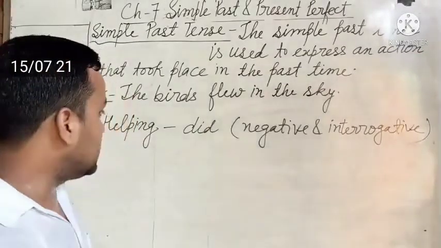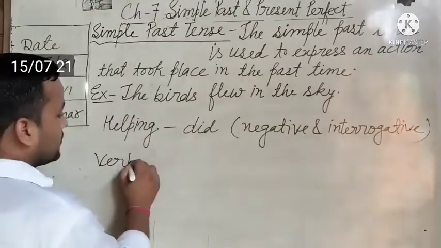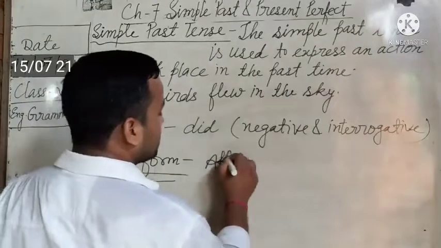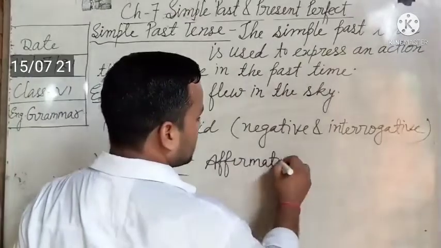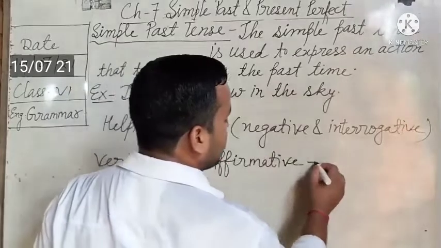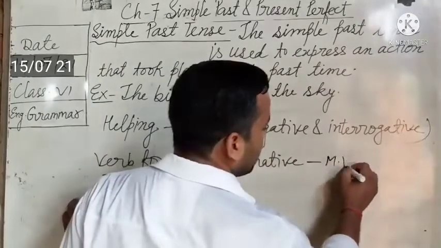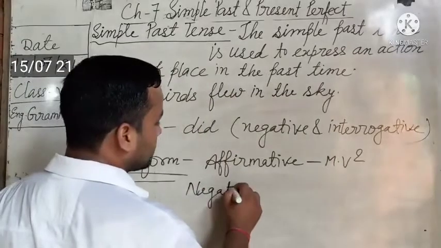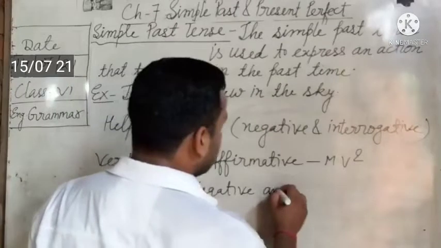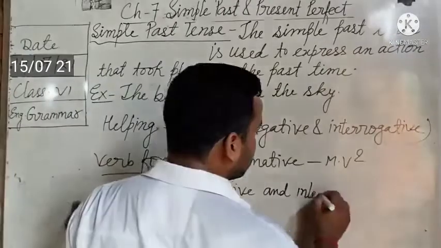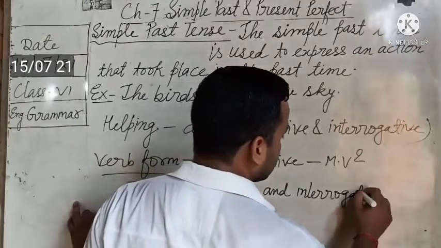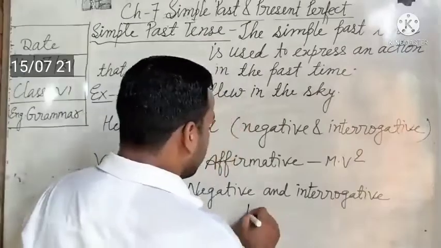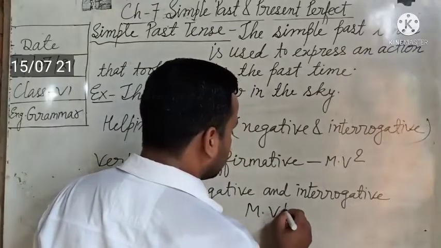Okay? Students, verb form in this tense. In an affirmative sentence, we use main verb second form, and in negative and interrogative, we use main verb first form.